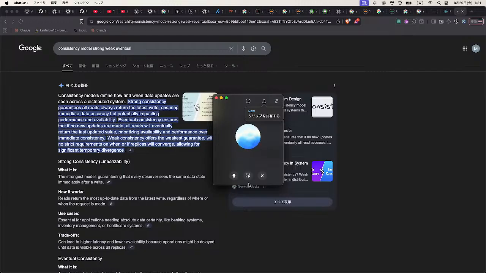On the other hand, you can choose availability rather than consistency. So the system might return old data, but the system continues to accept read operations.